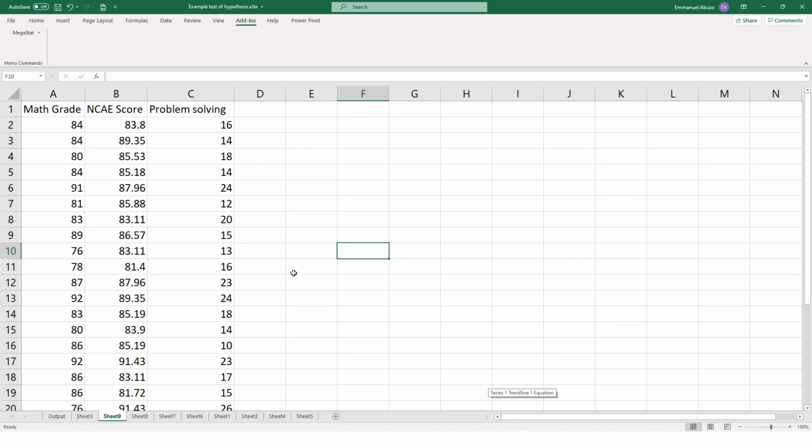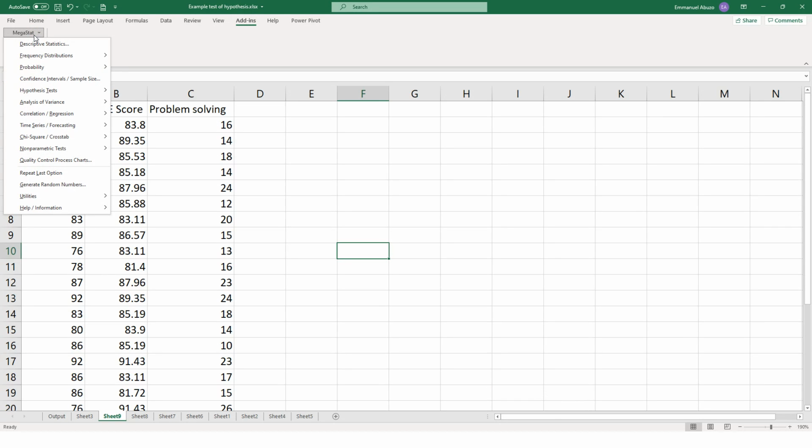Okay, now what we are going to do, take note that our mathematics grade and our NCAE score are our independent variables, and our problem solving is our dependent variable. So we go to Add-Ins, MegaStat, and then we go to Correlation, Regression, and then Regression Analysis.